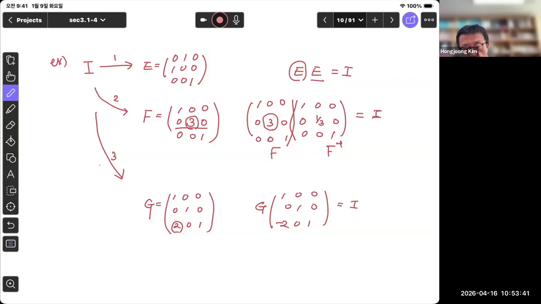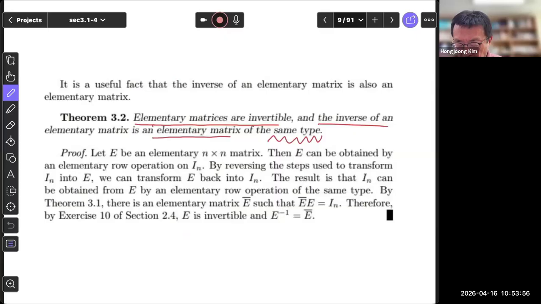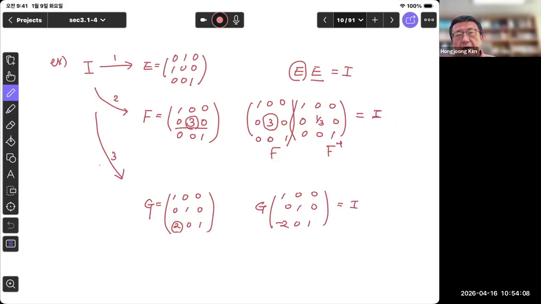In case of G, you need to put a negative sign. So elementary matrices are invertible. The inverse of an elementary matrix is an elementary matrix of the same type. And here are some examples.